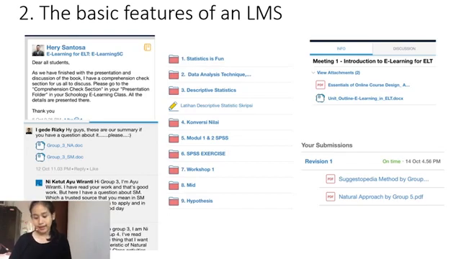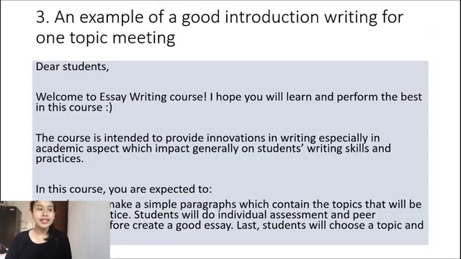Next is the submission feature. Here students can submit their work, and after that the teacher can assess the students' work. The third is an example of a good introduction writing for one topic meeting. I already made this introduction writing, so I think it's a little bit good.